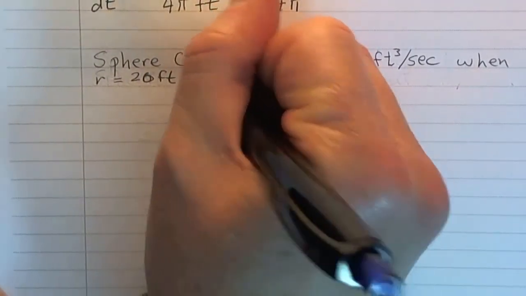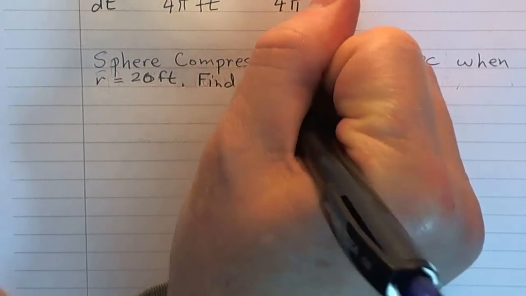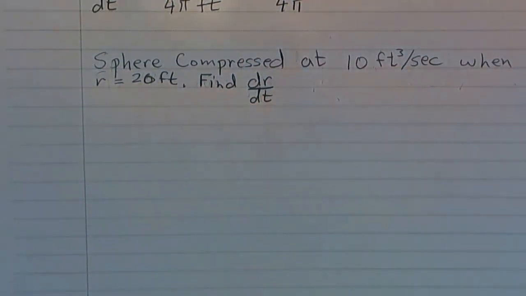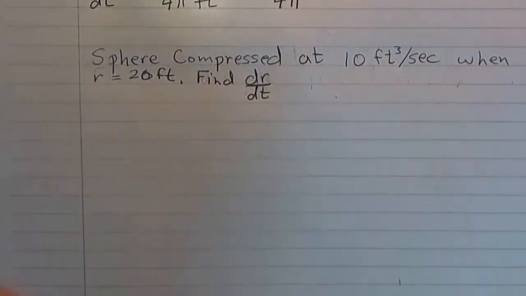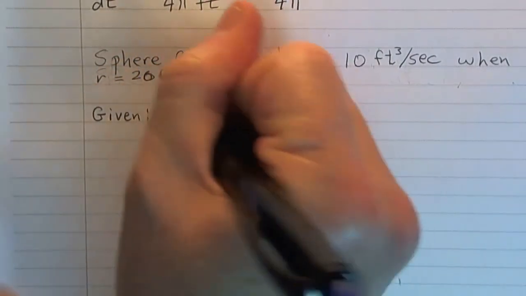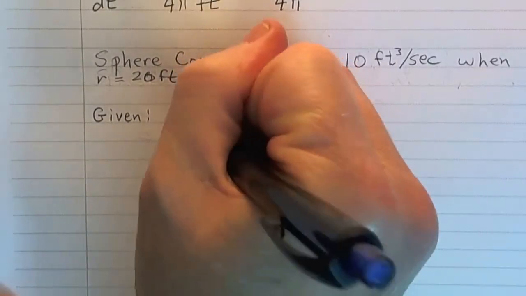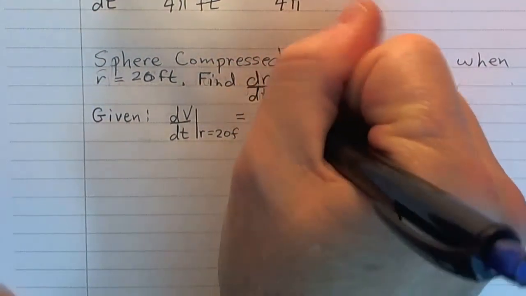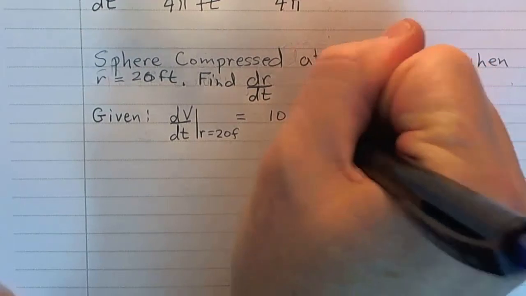And what we want to do is find dr dt when that's happening. Now let's write down what we're given. We're given that dV dt, when r is equal to 20 feet, is equal to 10 cubic feet per second.